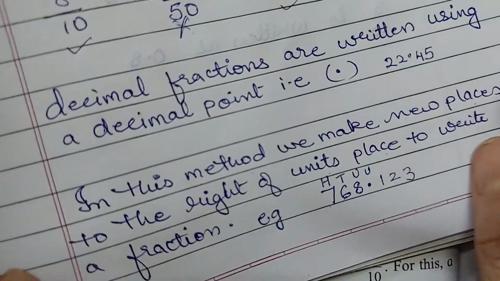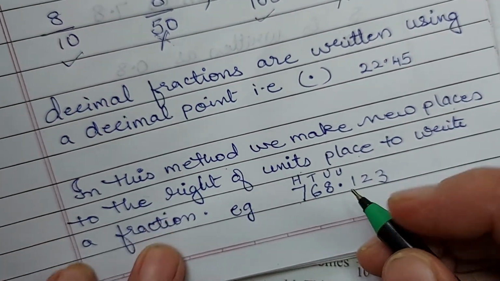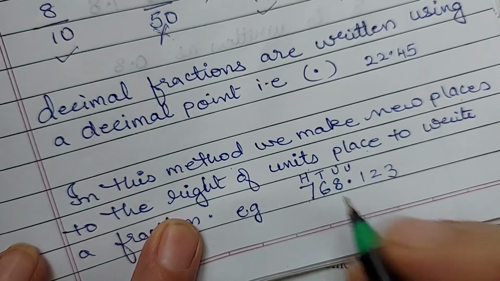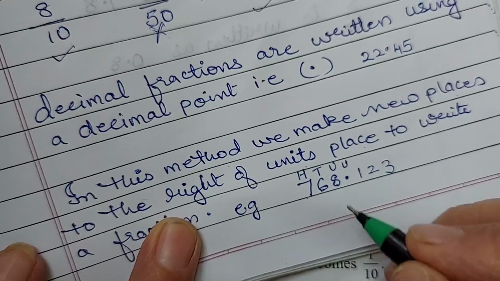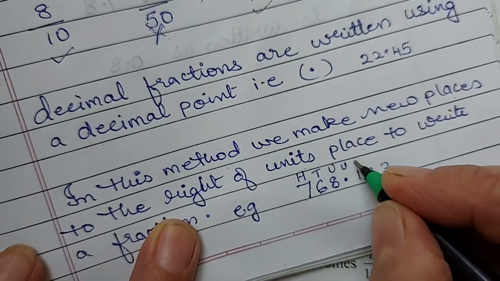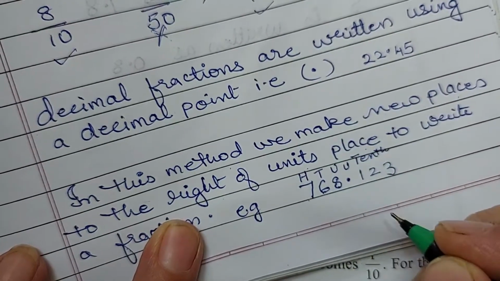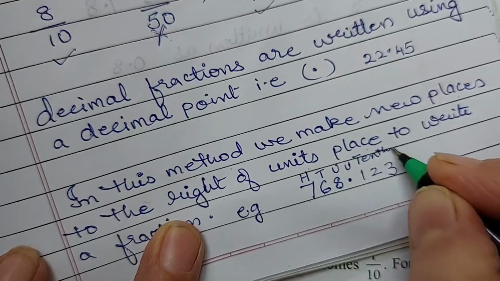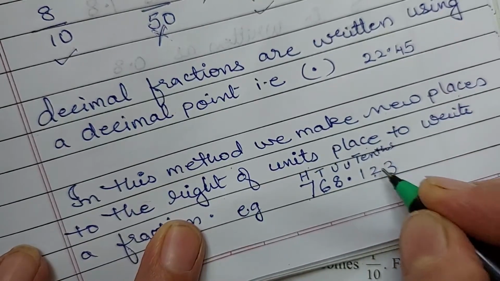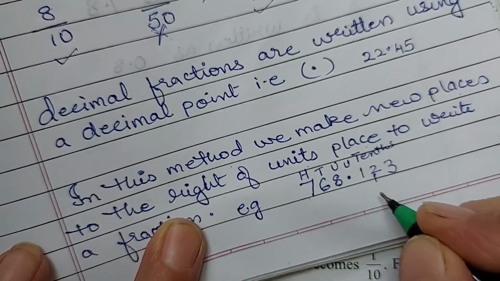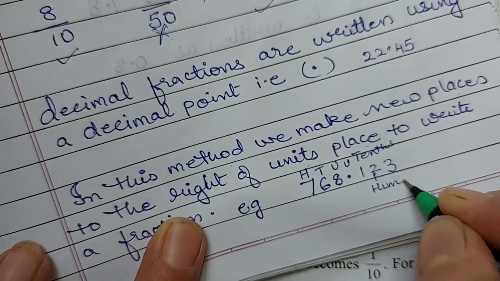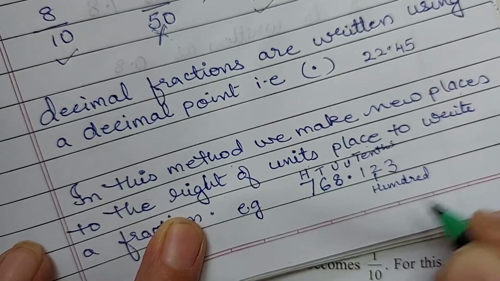This is 1 in the tenths place. If we write again, this is 10 times lesser than this number. So this becomes tenth, T-E-N-T-H, tenth, right? The second place, I am not having space, I am showing you down, it is hundredth. H-U-N-D-R-E-D is 100, no?